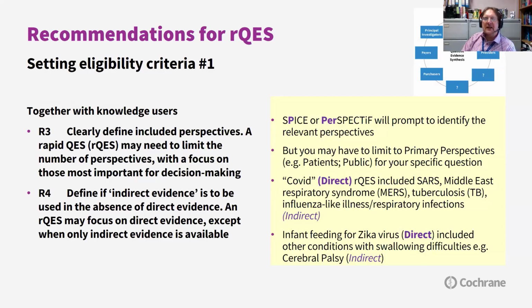The thing to bear in mind, though, is that because formulations like SPICE and Perspective require you to identify the perspectives of interest, you may face some difficult choices on which perspectives you're going to favour. So it's recognised that it's unlikely that you would be able to include myriads or multiple perspectives within a rapid QES. So you will have to typically focus on the primary group of interest.